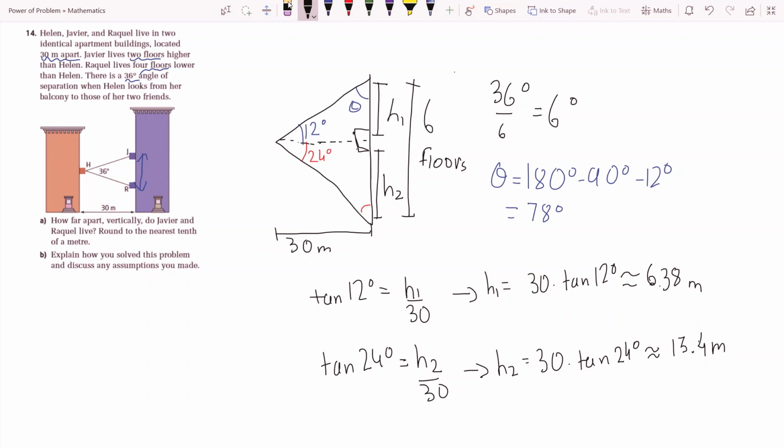So now knowing that, since we know height 1 plus height 2 gives the total, let's just call it height. Height is equal to H1 plus H2, which is approximately equal to 6.38 meters plus 13.4 meters.